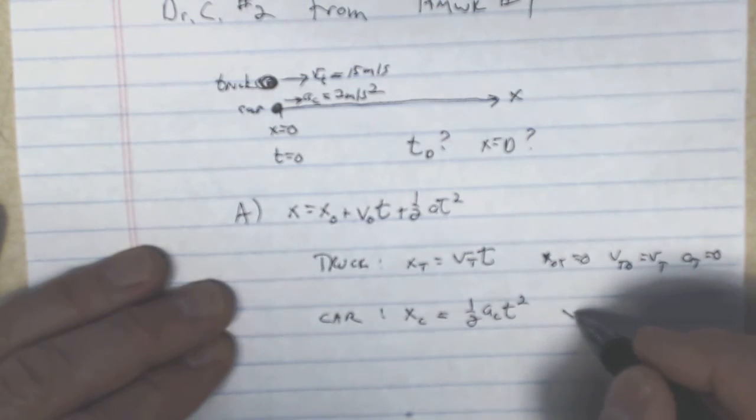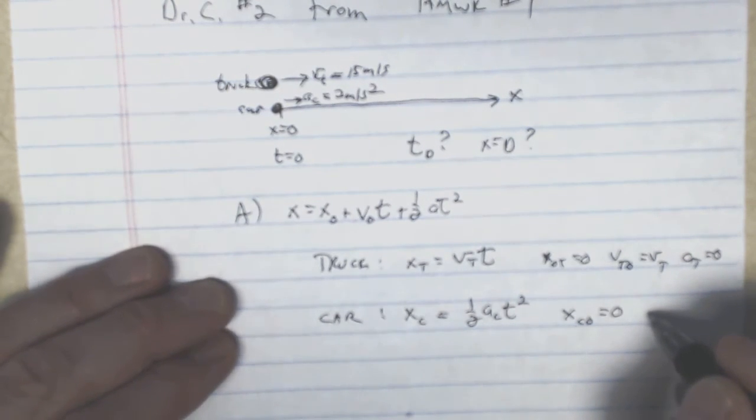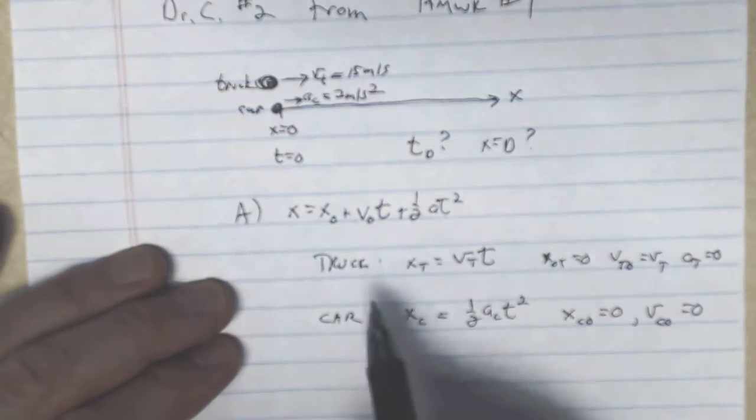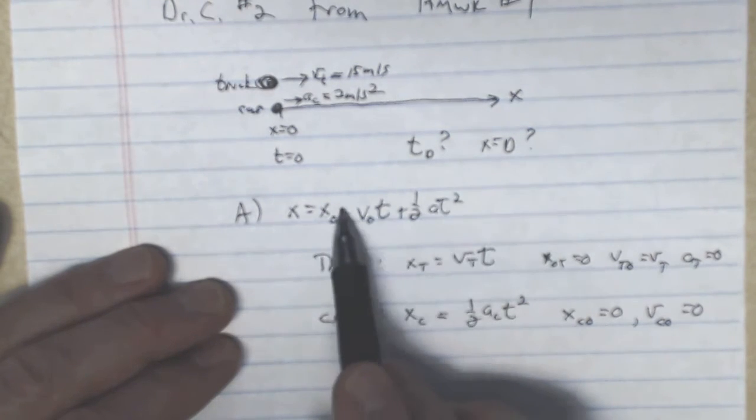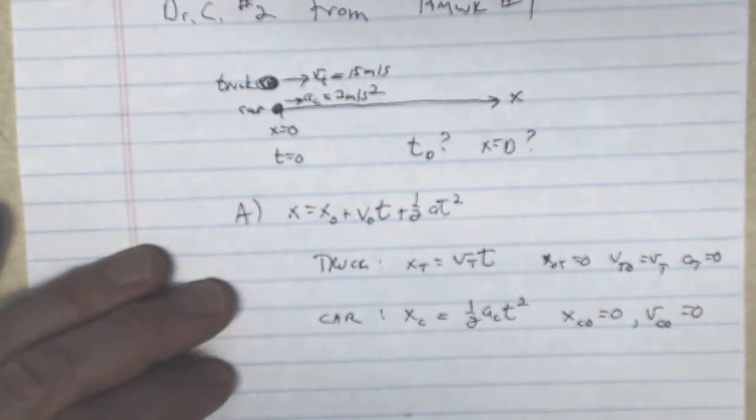And that's true because the initial position of the car is also 0. It stopped at the traffic light. And the original velocity of the car is 0. So these two terms are gone for the car. You're just left with 1/2 its acceleration times t squared.